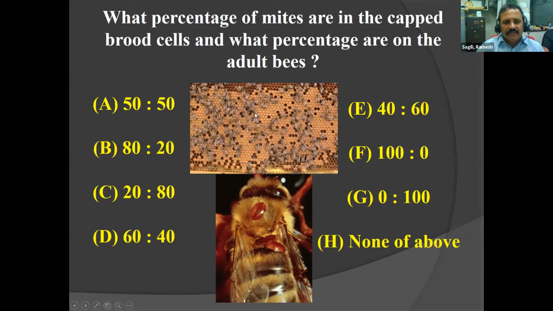I'll give you the answer once I get into the study that we did a year and a half ago. I'm just giving you options. Is it 50-50, 80-20, all these different options? It could be pretty variable. Again, there is no good answer here because it changes based on the time of the year that you're looking into your hives.